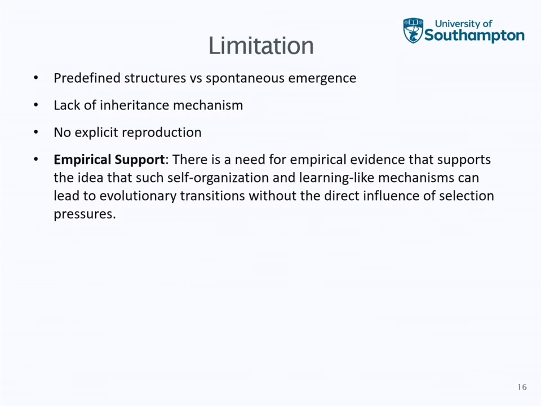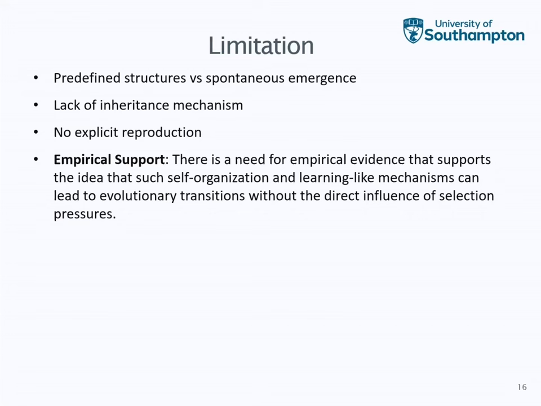But of course it has limitations too, from my perspective. The biggest difference here is that the structure of most deep learning neural networks is predefined by the experimenter, rather than spontaneously emerging as in ETI.